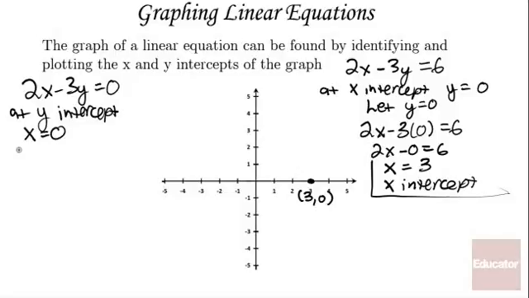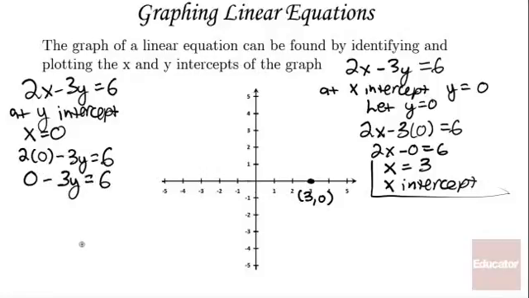So if I let x equal 0, I get 2 times 0 minus 3y equals 6. So that's 0 minus 3y equals 6. And that's negative 3y equals 6. Dividing both sides by negative 3, I'm going to get y equals negative 2.